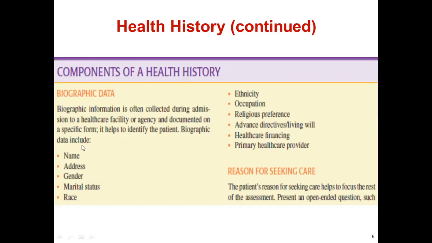Biographical data include patient name, address, gender, marital status, race, ethnicity, occupation, religious preference, advance directives, healthcare financing, and also primary healthcare provider. So biographical data must include all of them, right?